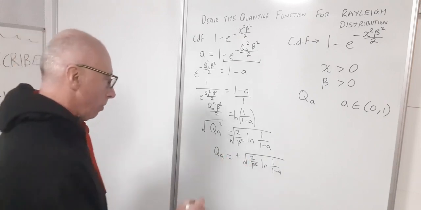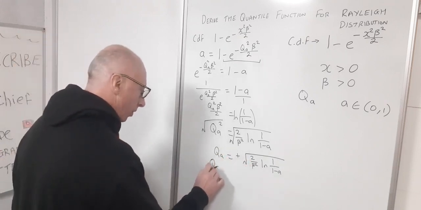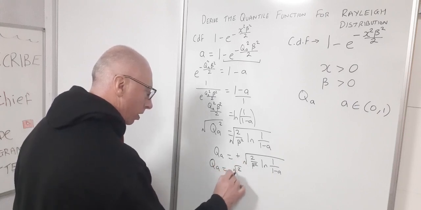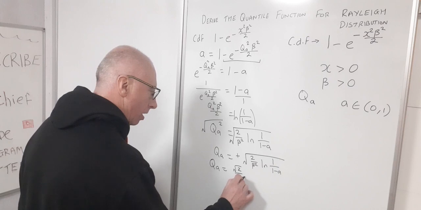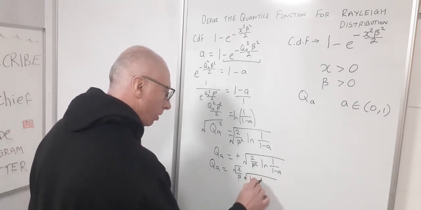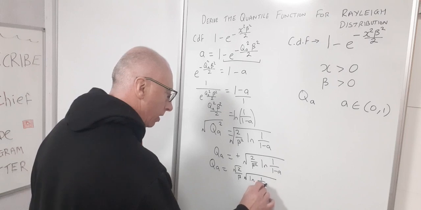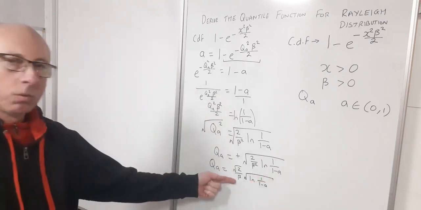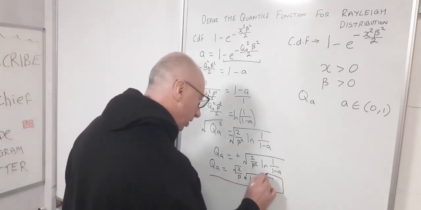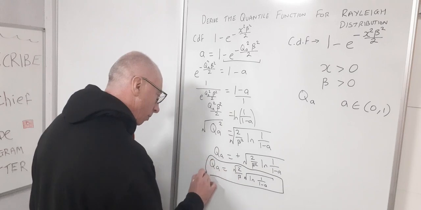So now we're left with my quantile function equals the square root of 2 over beta, multiplied by the square root of the natural log of 1 over 1 minus A, and that will be my quantile function. So that will be my answer.